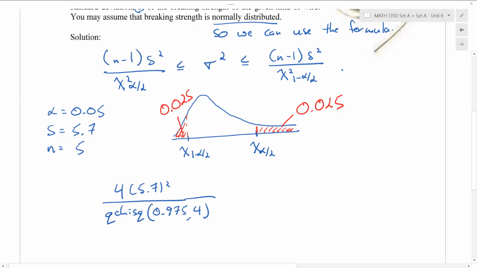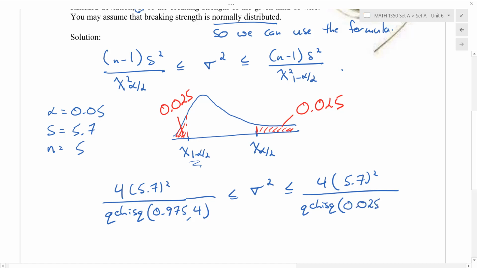So this is a lot like qt that we're used to here. The numerator of the other will be similar. The denominator will be different. Now we will use, again, qchisq, but this time to find chi-squared 1 minus alpha over 2, we will just section off the bottom 2.5%, again with 4 degrees of freedom.